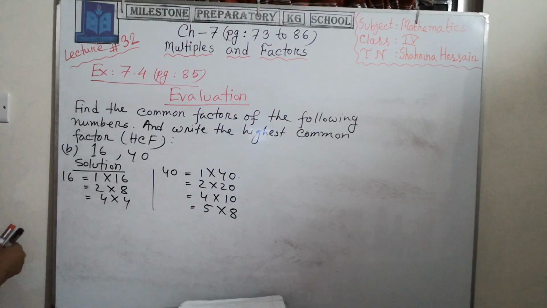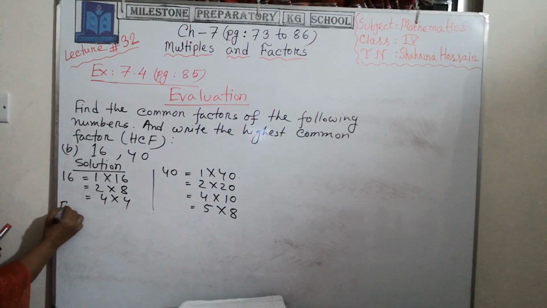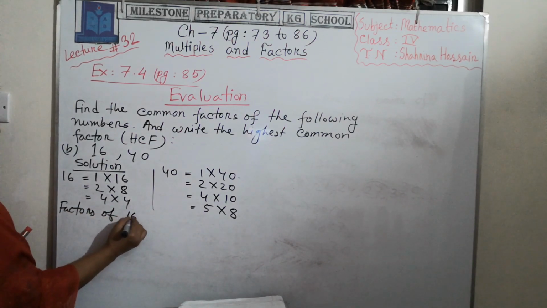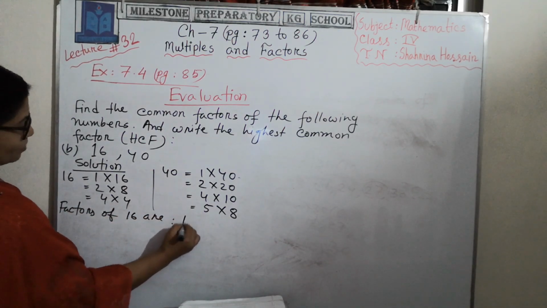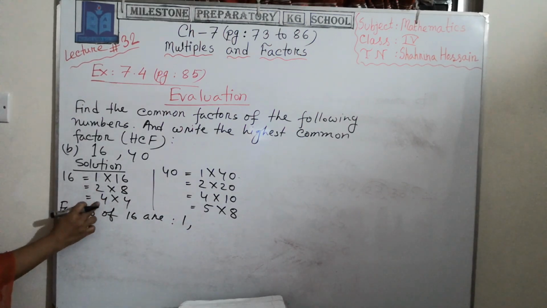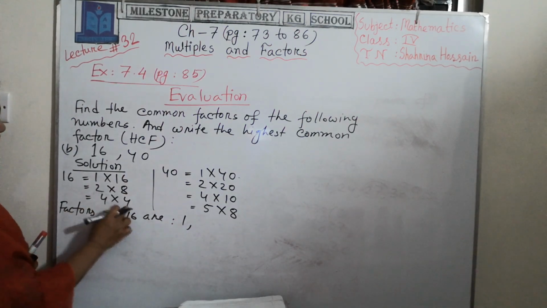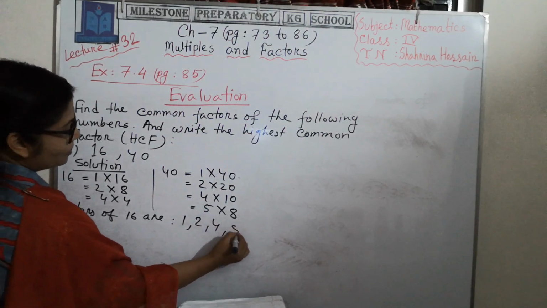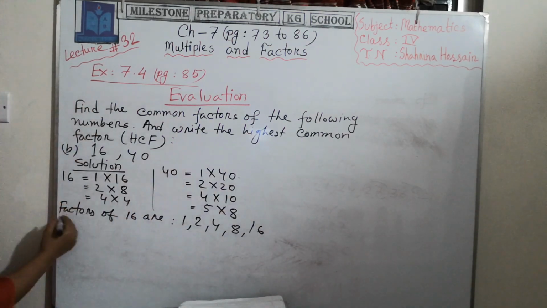Okay. Now factors of 16 are 1, 2, 4, 8, 16. There is a 2, 4, so we can easily take 1, 2, 4, 8, then 16.